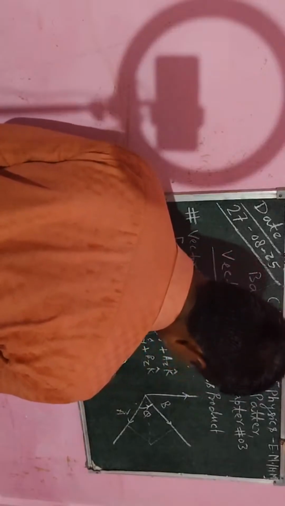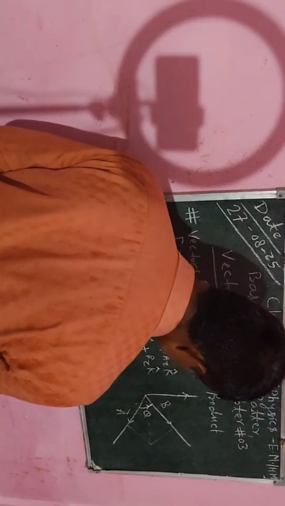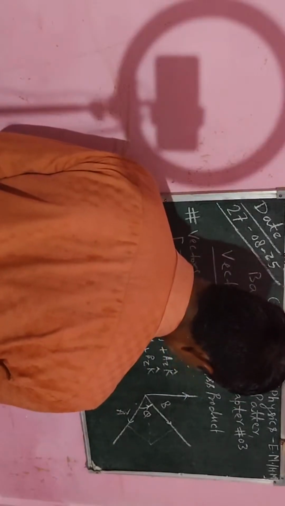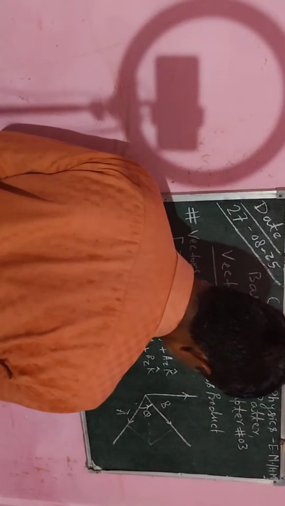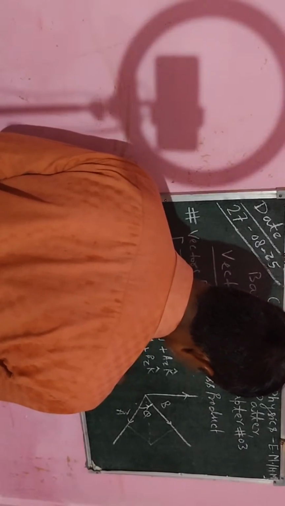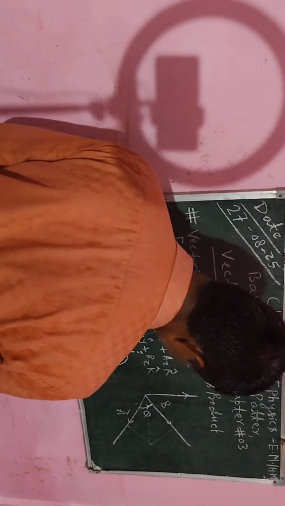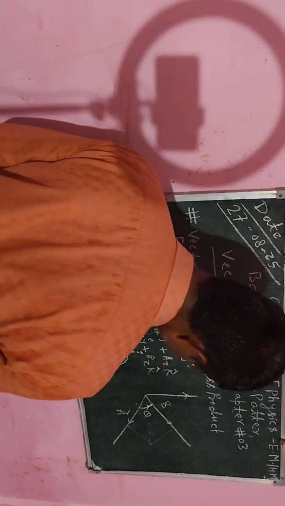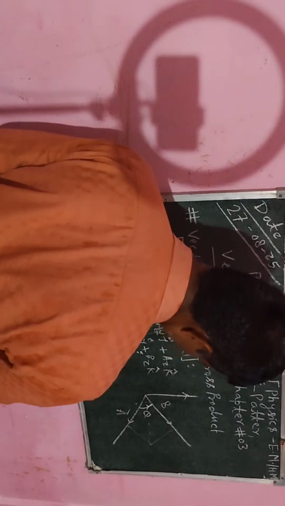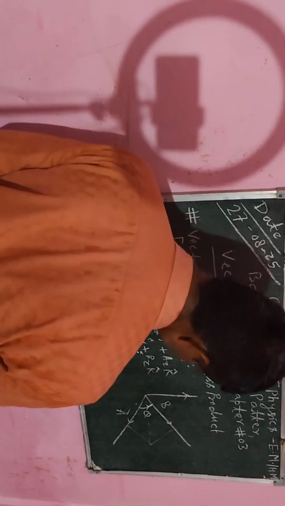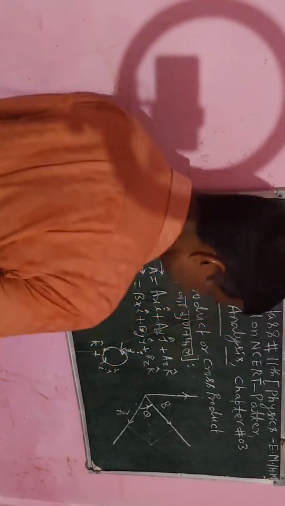At this point there is the vector i cap, at this point the vector j cap, and at this point the vector k cap. So its rotation is like this. I will consider a plus sign here, a minus sign here, and a plus sign here.